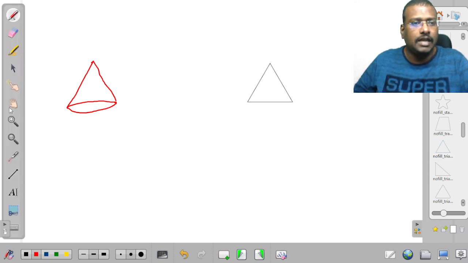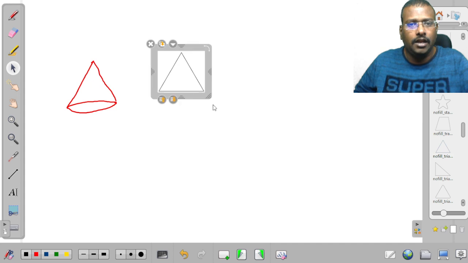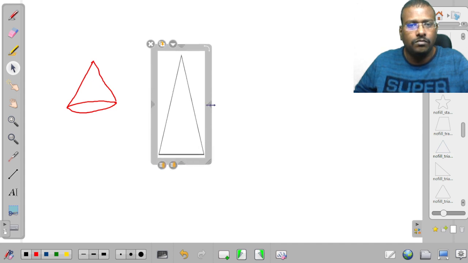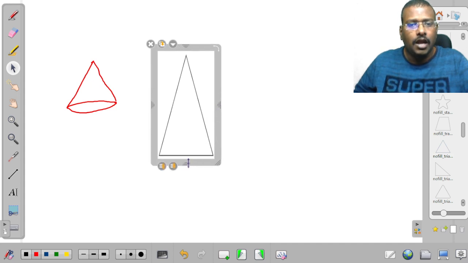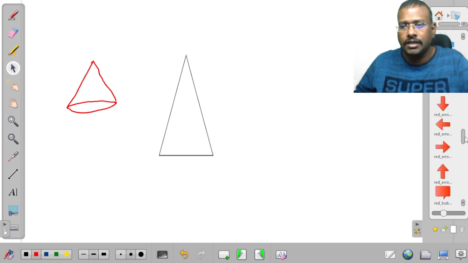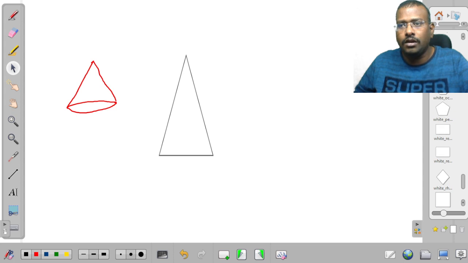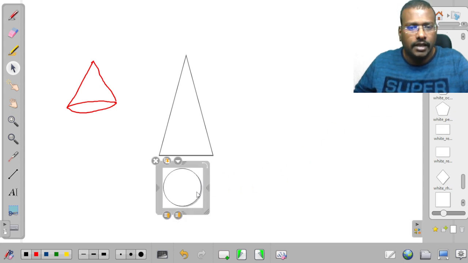In another view, it is a circle. So one view is a triangle, another view is a circle.